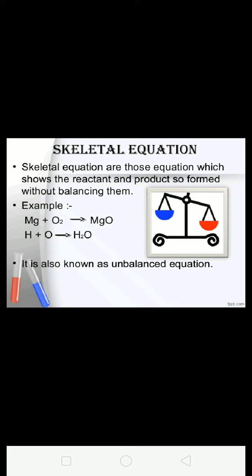A reaction which does not have an equal number of atoms on either side of the arrow, on the left hand side and the right hand side, is called a skeletal equation. Another example I have mentioned here, H plus O, H for hydrogen, O for oxygen, gives H2O, water. Actually whenever I write a chemical reaction, I have to mention hydrogen as H2 and oxygen as O2.